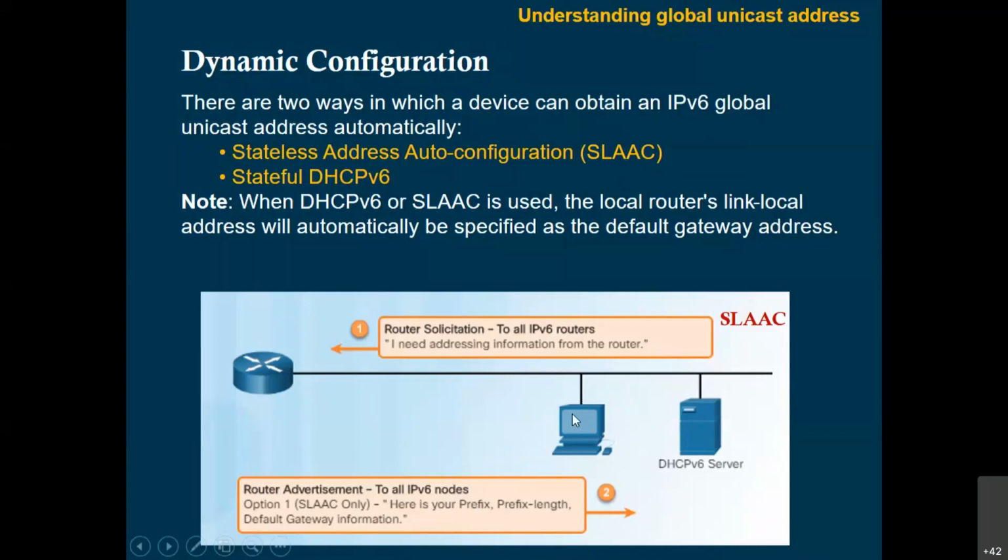So when this host is attached to this network, it will send a router solicitation. It will send it to all IPv6 routers that it is connected to, which is this one. I need addressing information from the router. So the router will send its router advertisement, very much like DHCP version 4, right?